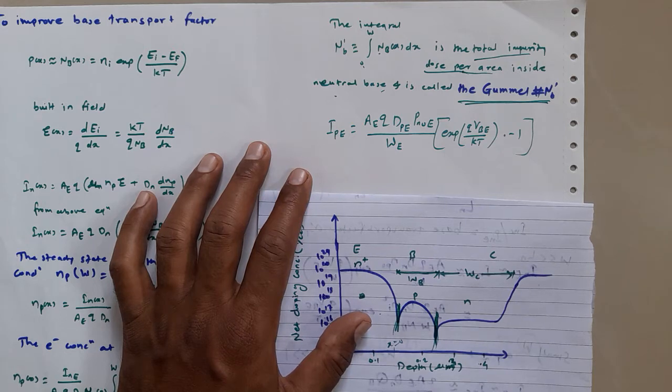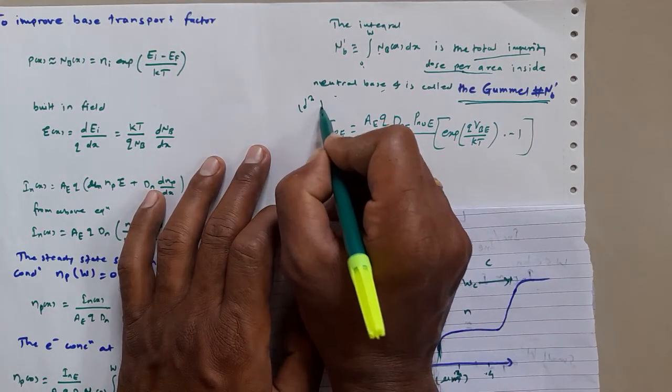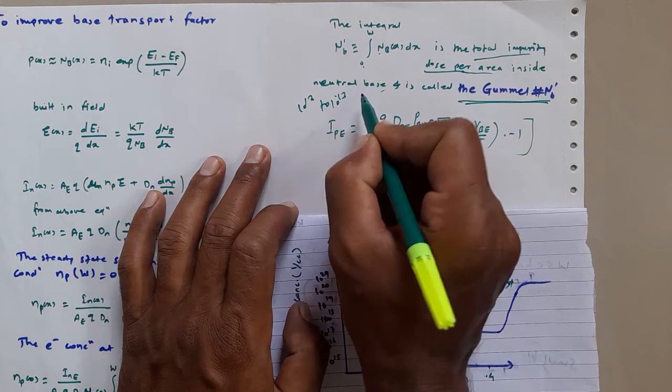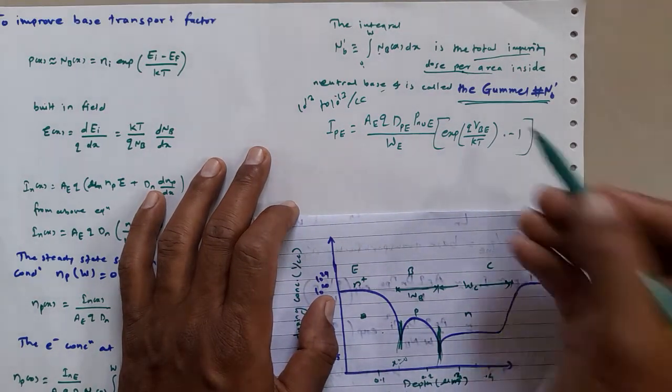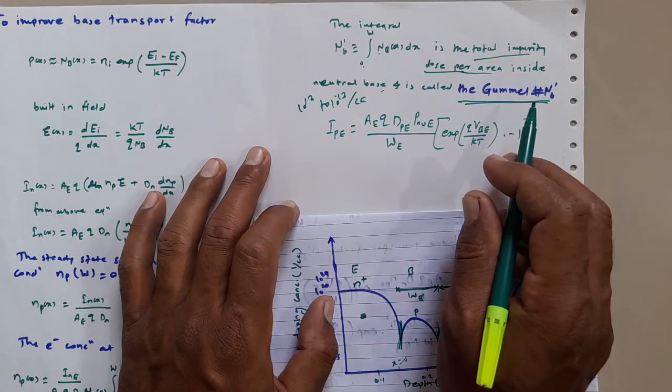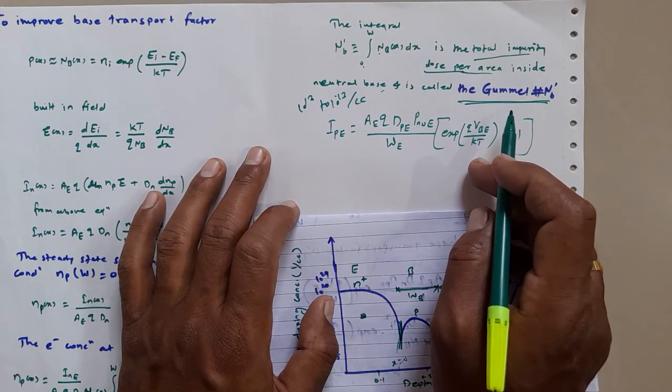Typically for a silicon bipolar transistor, the Gummel number is around 10 raised to 12 to 10 raised to 13 per cc.